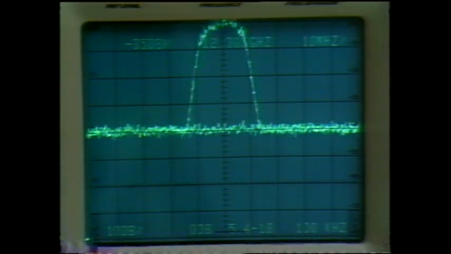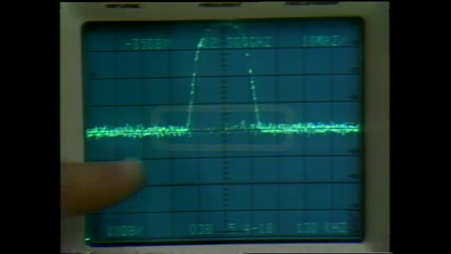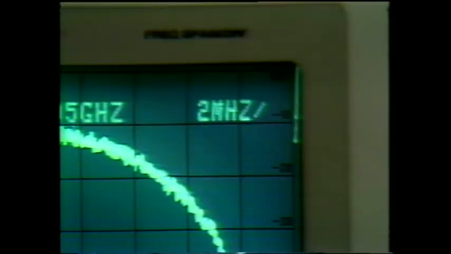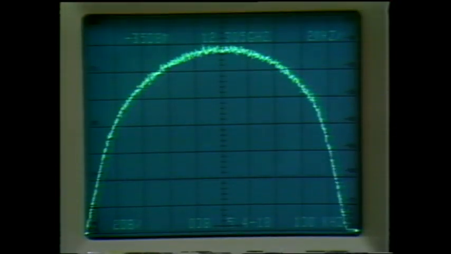The FCC does permit some side lobes to be present in the signal, but they have to be at least 80 dB down. Setting the 492 to 2 megahertz and 2 dB per division, the occupied bandwidth of this radio is approximately 19.5. This compares quite nicely with a spec of 20 megahertz.